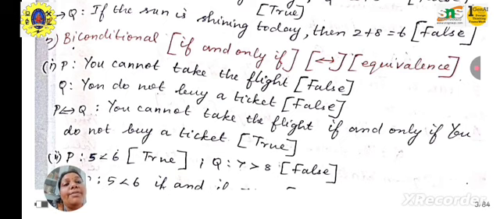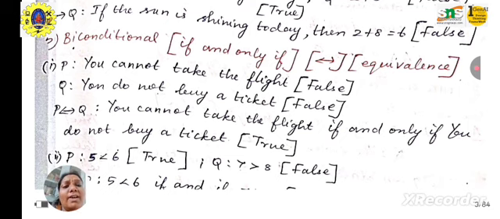We apply the "if and only if" condition to these two statements: you can take the flight if and only if you buy a ticket. That is the right statement. So false and false under if and only if gives true. That is the biconditional.